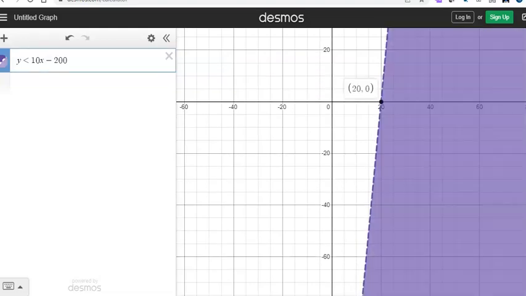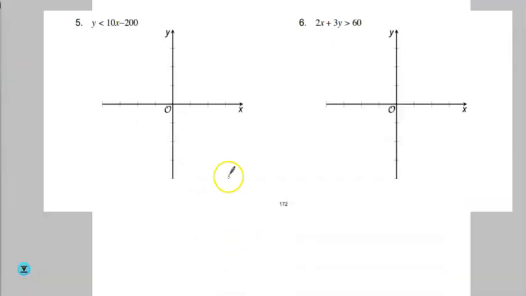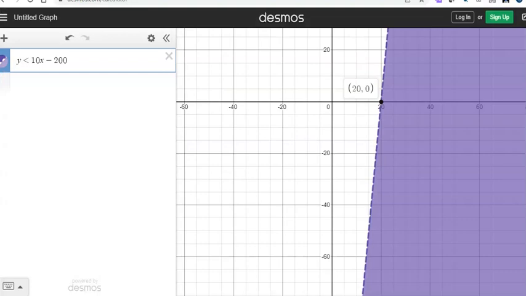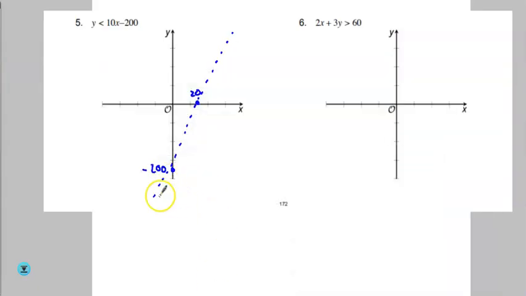Up here, the x is 20, and it's a dotted line. So if we graph that, we know it's going through negative 200 and 20. It's a dotted line and shaded to the lower side of the dotted line.